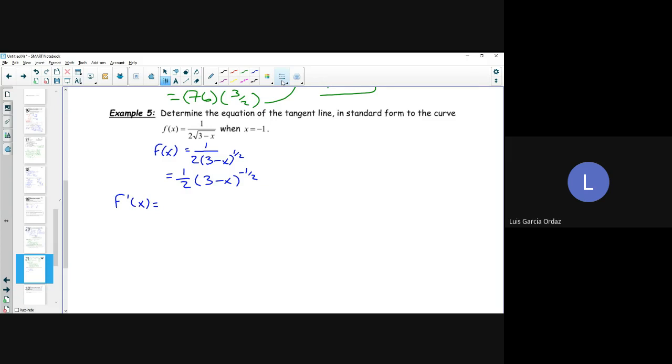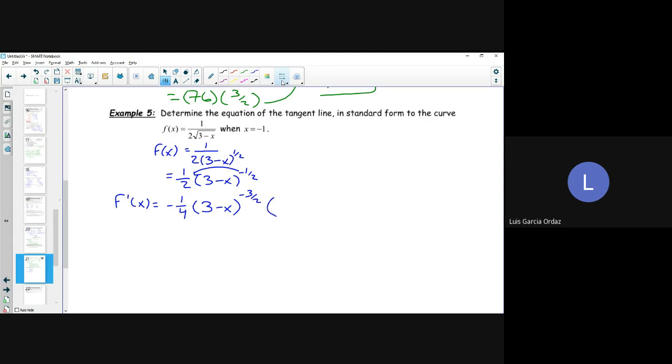Remember, the power of a product for a derivative is I take my exponent and multiply it by my coefficient. So negative 1 over 2 times 1 over 2 gives me negative 1 over 4 times 3 minus x. And remember, I have to subtract 1 from my original exponent. So I get negative 1 over 2 minus 1, which gives me negative 3 over 2.